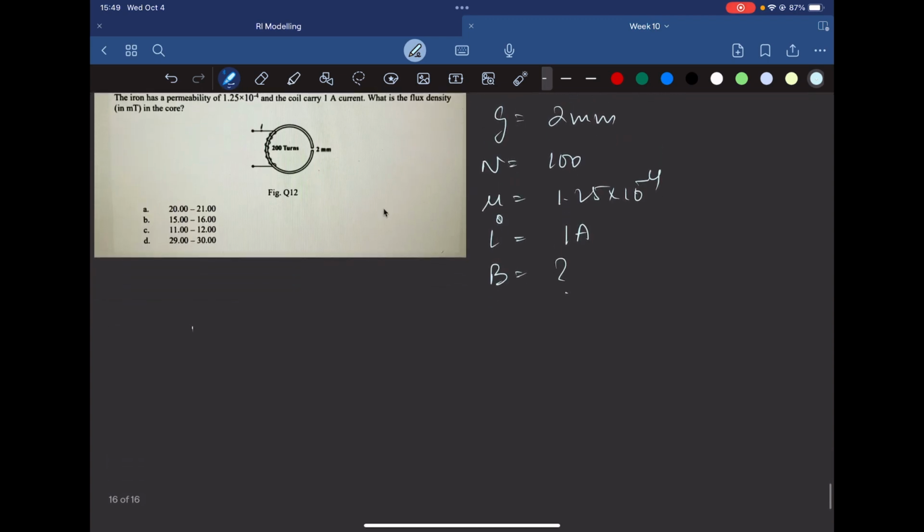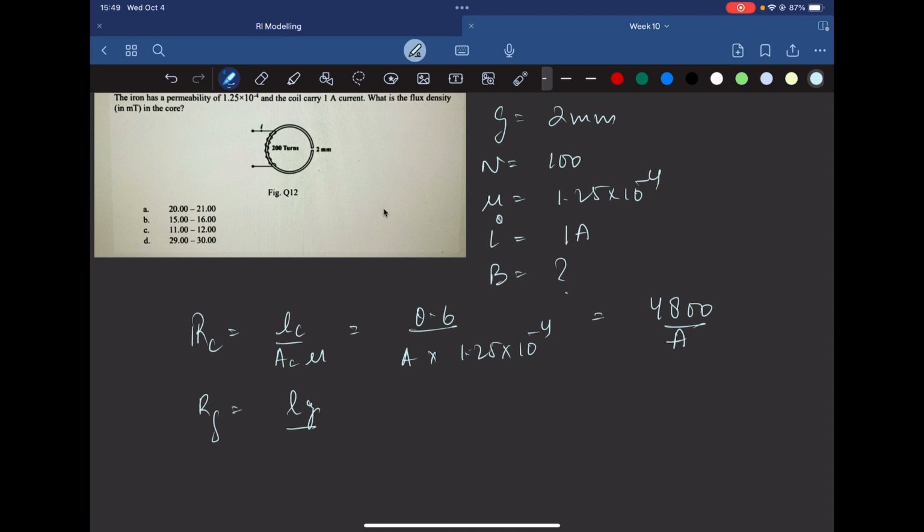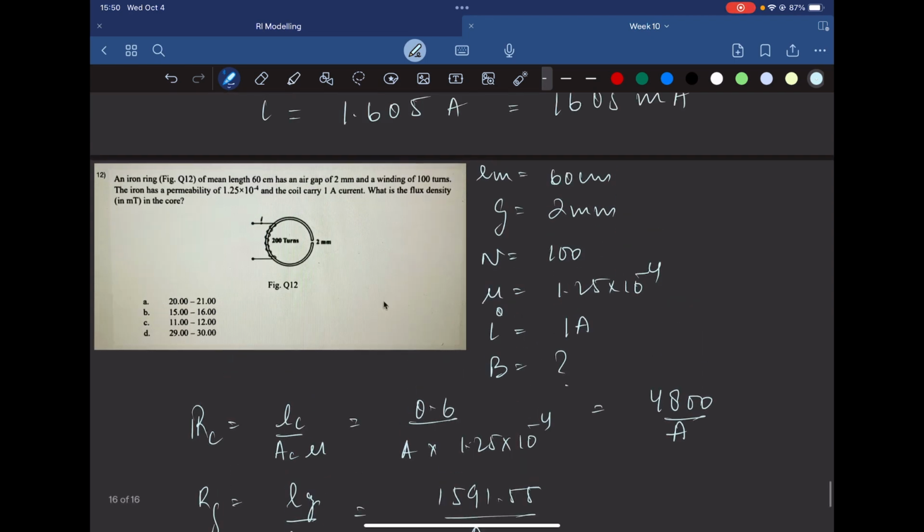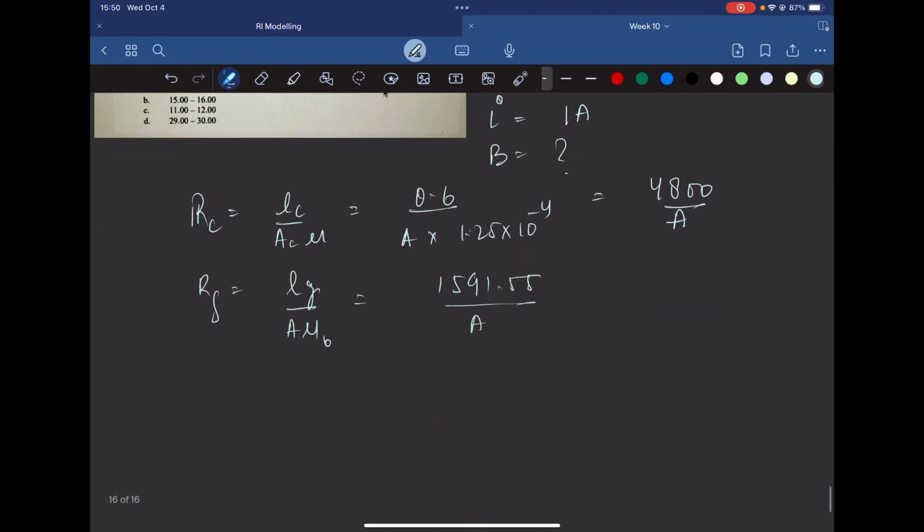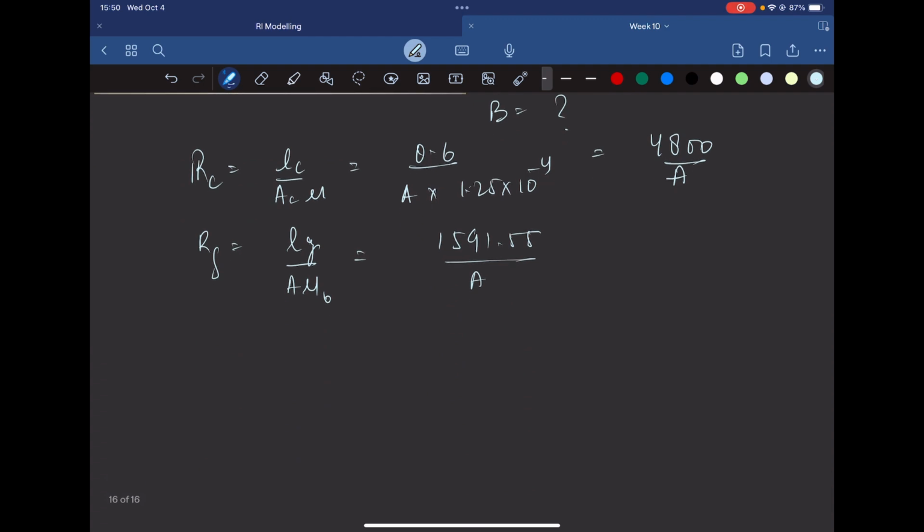So let's calculate the reluctance of the core, which is Lc upon Ac into mu. 0.6 over, we don't know the area, so let's keep it as it is, 1.25 into 10 raised to the power minus 4, which comes out to be 4800 upon A. Similarly, Rg is Lg upon A times mu naught, which is 1591.55 upon A. I've already calculated these values, just to confirm these ones.